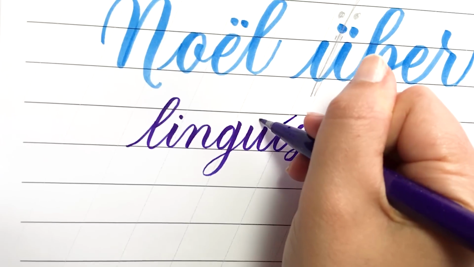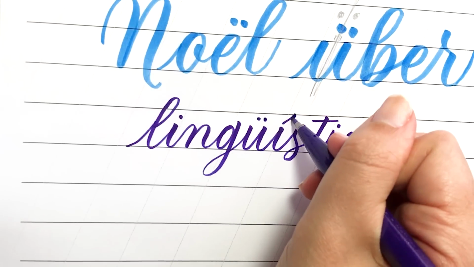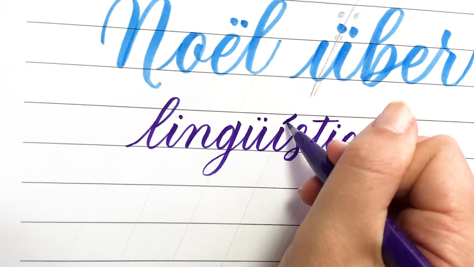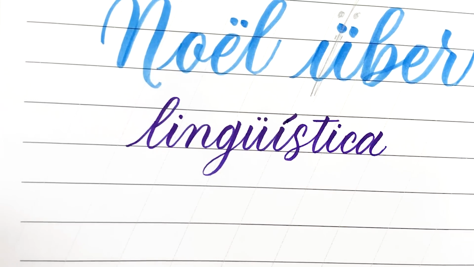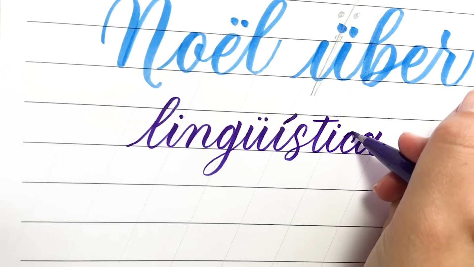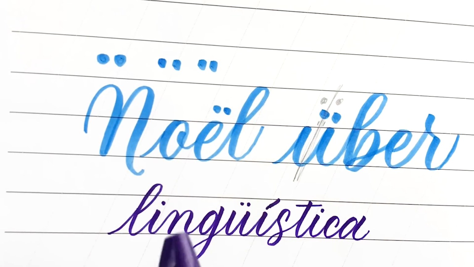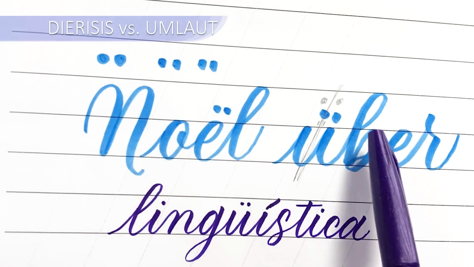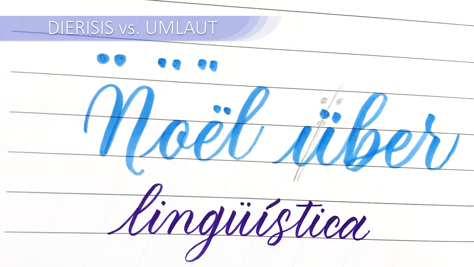But by putting the two dots above the U, and we have an accent here on the I, it becomes lingüística. So instead of gi, it's gwi. So we're changing the pronunciation. Oh, and so when we're using it to separate two vowels, it's called a dieresis. When it's changing the pronunciation, then it is called an umlaut.